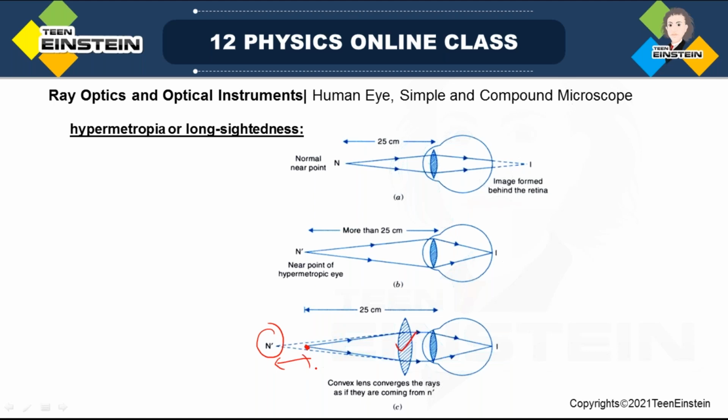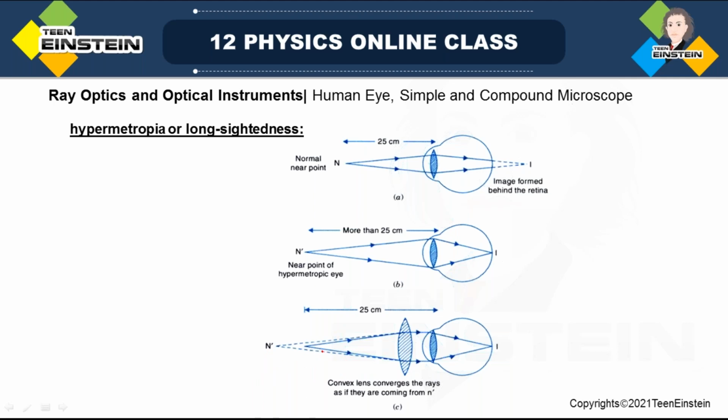Suppose this is 25 centimeter, so it can see beyond 25 centimeter. What you have to do is push this object, which is at 20 centimeter, to beyond 25 centimeter, maybe some 40 centimeter. But the object cannot be pushed.